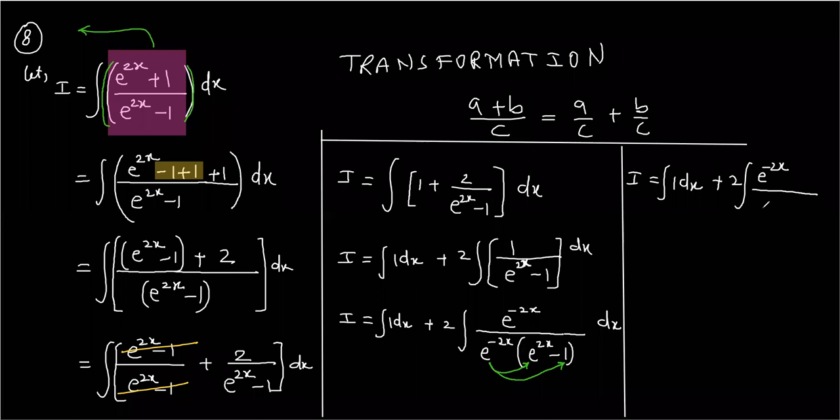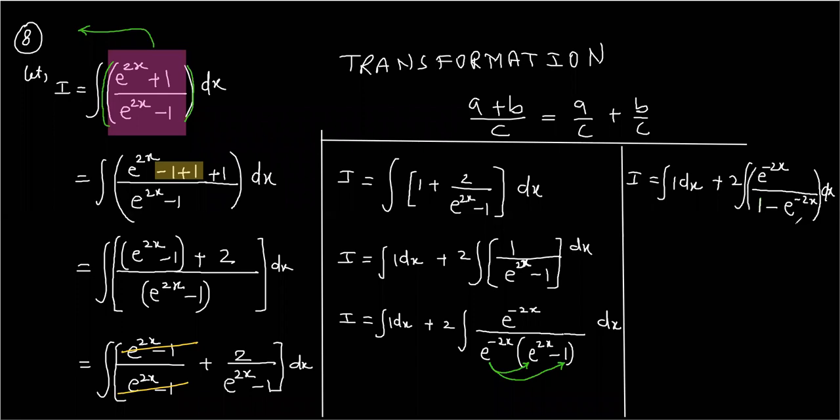The powers get added: minus 2x plus 2x, so you get e raised to 0, which is 1. So you get 1 here, minus, and here e raised to minus 2x into 1 is e raised to minus 2x. See students how I manipulated.